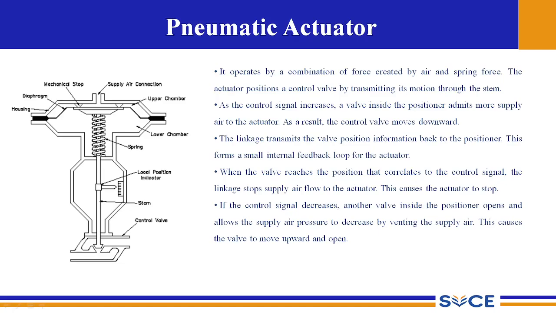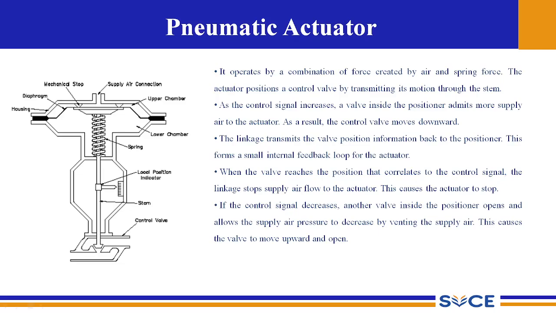So if the control signal is decreasing, then the other valve inside the positioner will open and it will allow the supply air pressure to decrease. So when the supplied air pressure is decreased, then the diaphragm actually returns back to its normal position. So when the supply air pressure is decreased by venting the supply air, this will allow the valve to move upward and open.